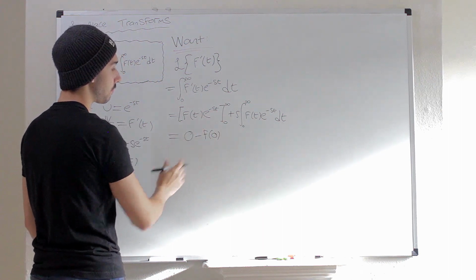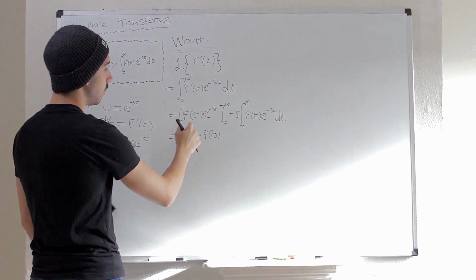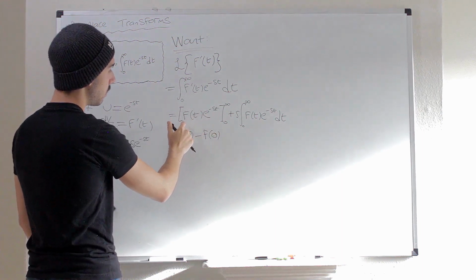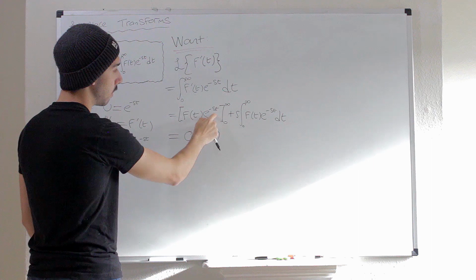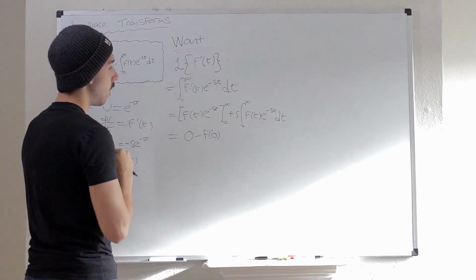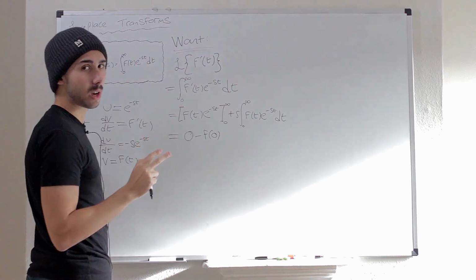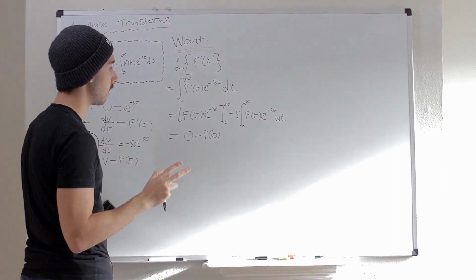So it's just this. One thing to mention, though, is that for this first value, f of t e to the minus st as t goes to infinity, there are a couple of situations we need to make a note of for it to actually go to 0.